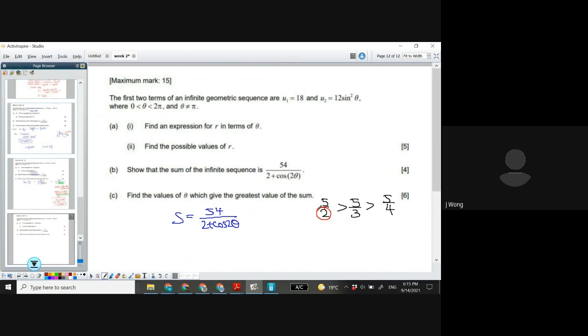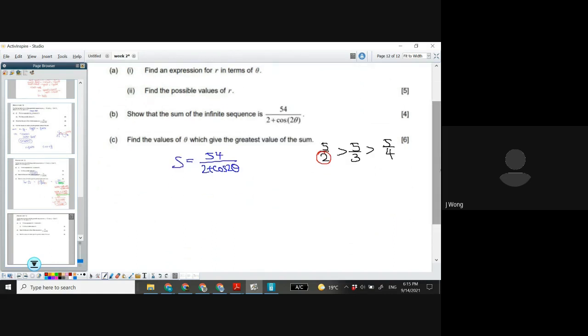So we could apply this concept for this question. If I want to have the largest s, then I want the smallest possible for this denominator.